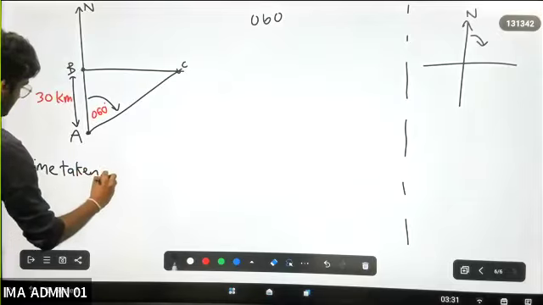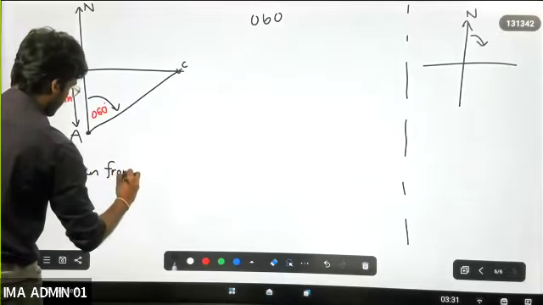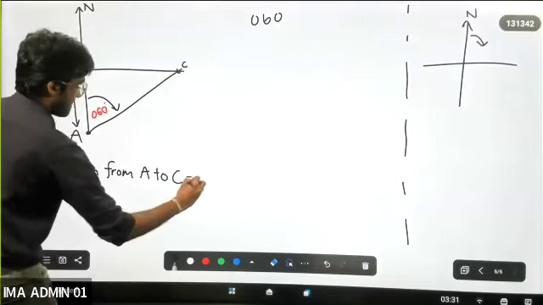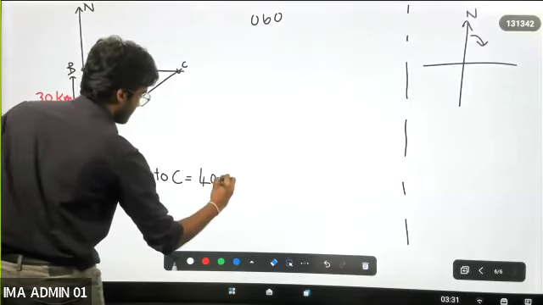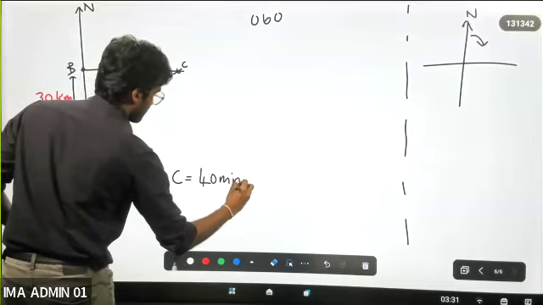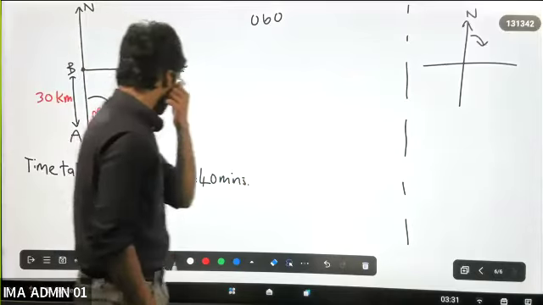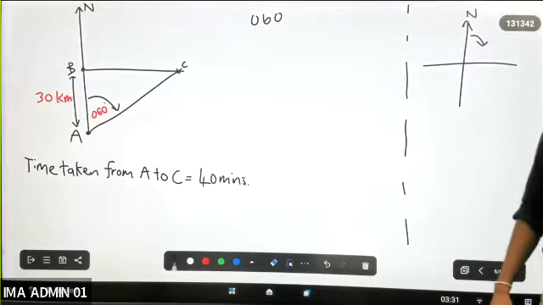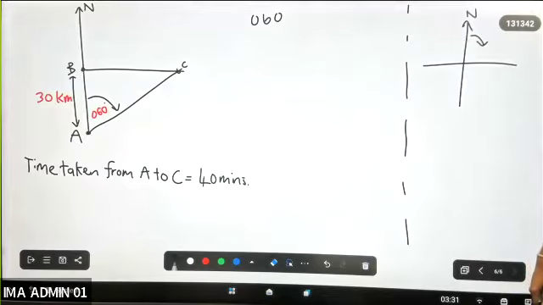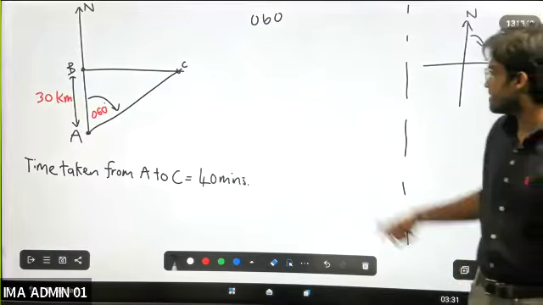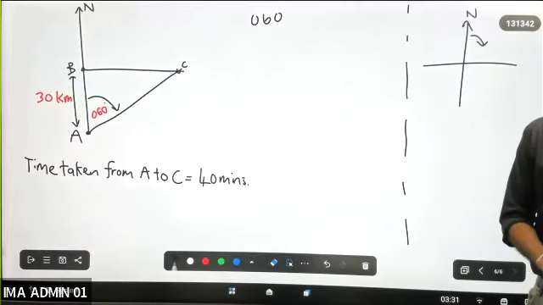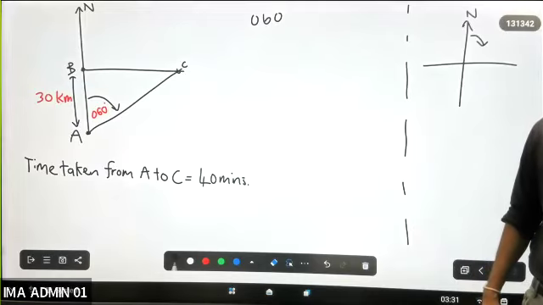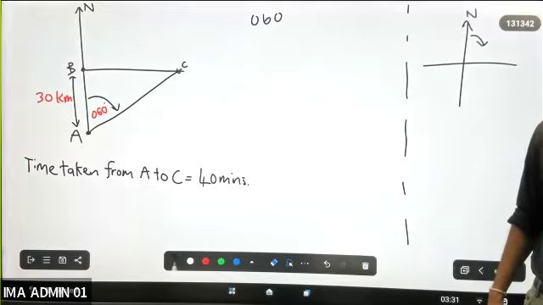Time taken from A to C, 40 minutes. Right? Those are the data which are given. Copy the given diagram and answer script and represent the information. Now we have done that, right? And then calculate the distance AC and find the average speed of the boat.